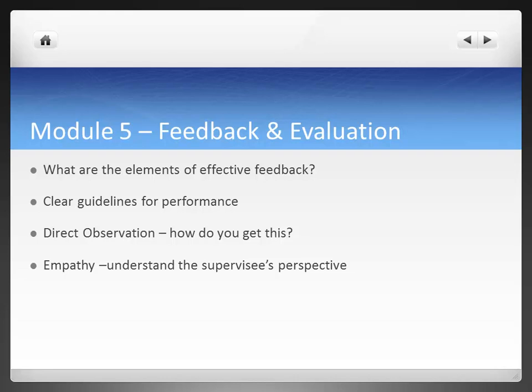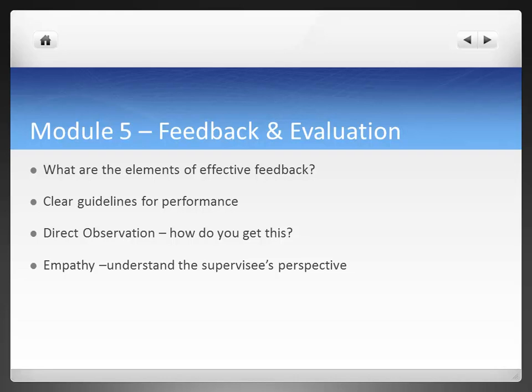It might also be gained from reviewing documentation that you've had the student do. But trying to find opportunities where you can really observe them while they're practicing skills and knowledge that you're working on with them is an important part of being able to provide constructive feedback.